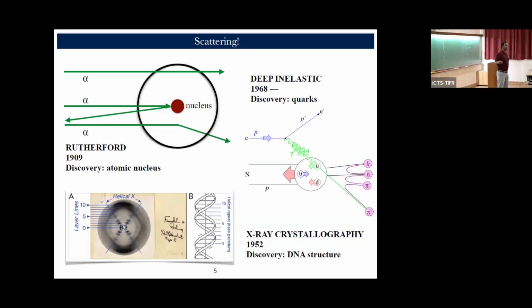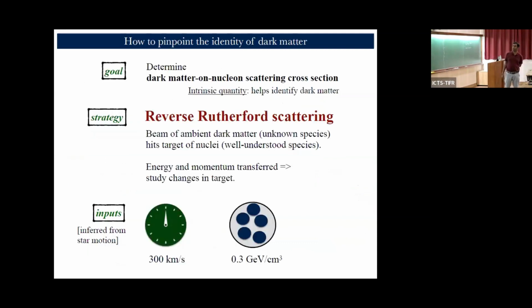Scattering in the deep inelastic regime using electrons and neutrinos is how we discovered the partonic structure of nucleons, right? So, okay, scattering is really a very unignorable, important tool in a physicist's tool shed.